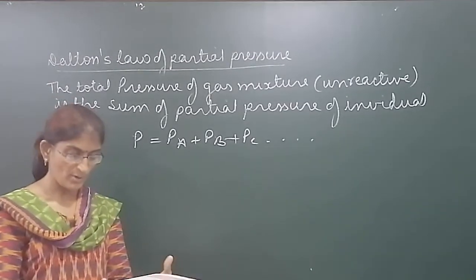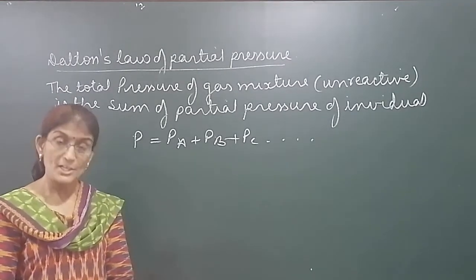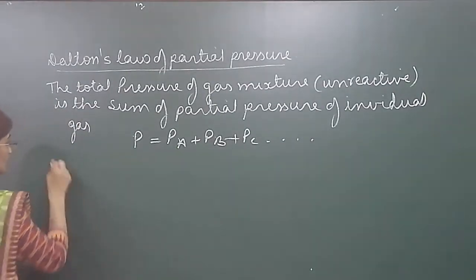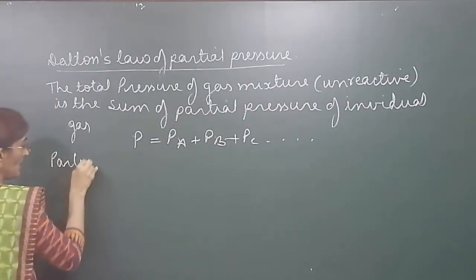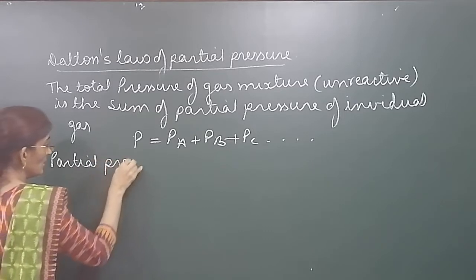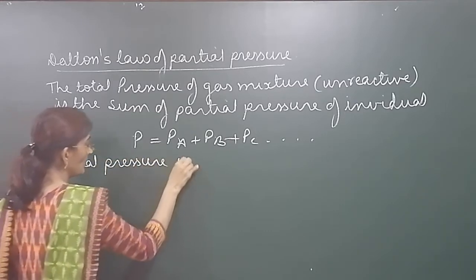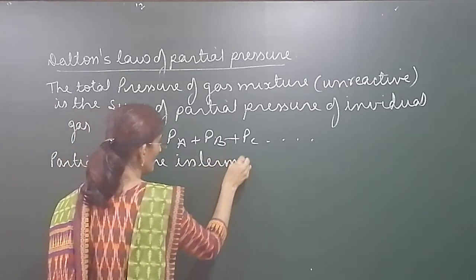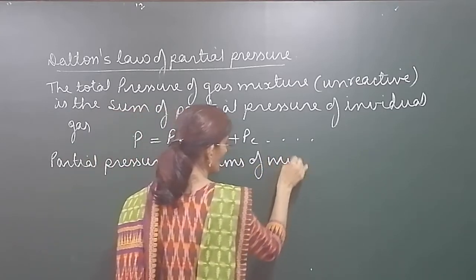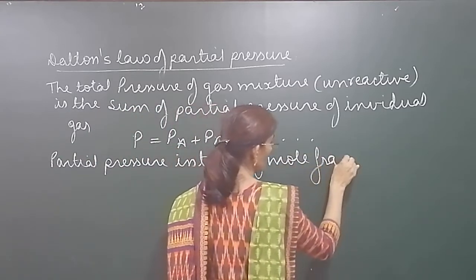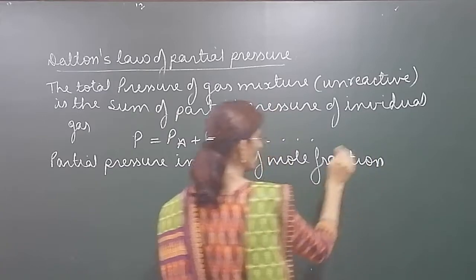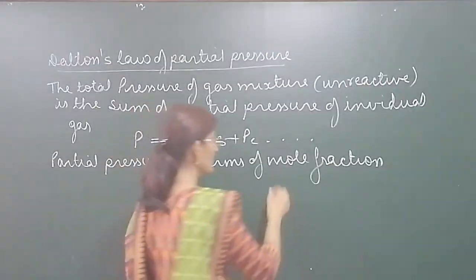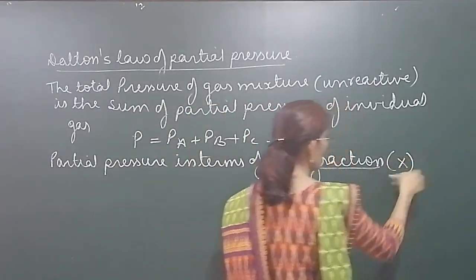We'll derive one formula also for this, for partial pressure in terms of mole fraction. What is mole fraction, student? Denoted by X. We had done it in the first chapter.